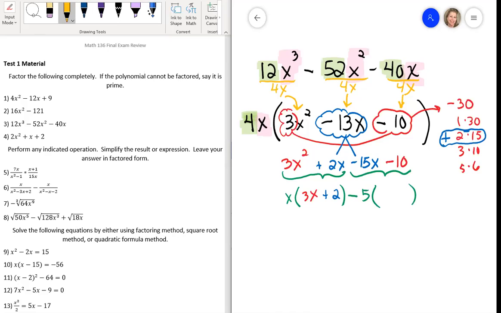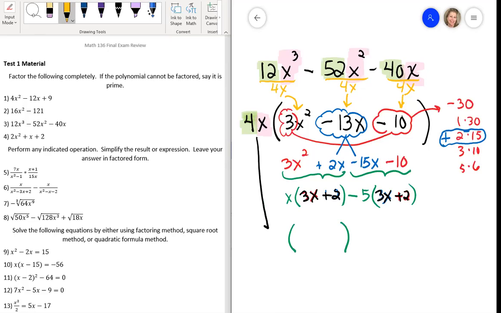Negative 15x divided by negative 5 is a positive 3x, and negative 10 divided by negative 5 is a positive 2. Now the stuff in my parentheses is 3x plus 2 both times. They match, so that is my next factor.